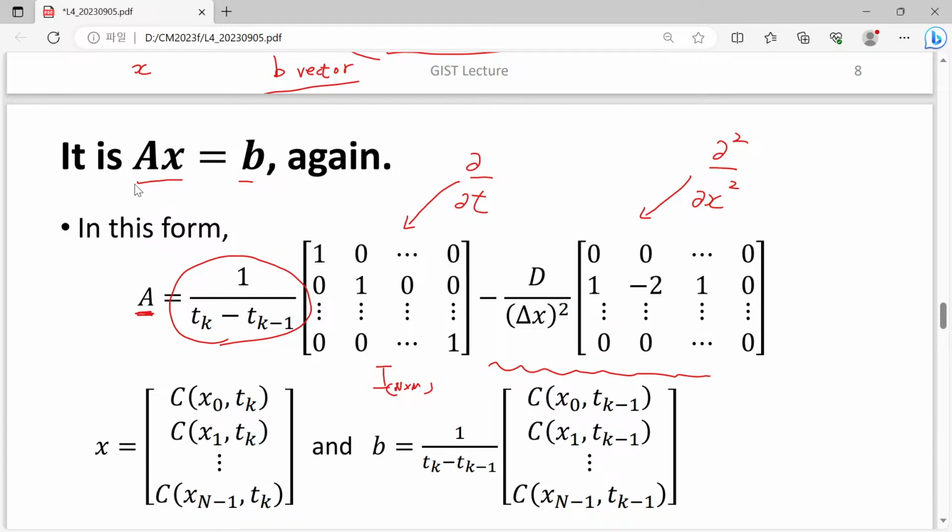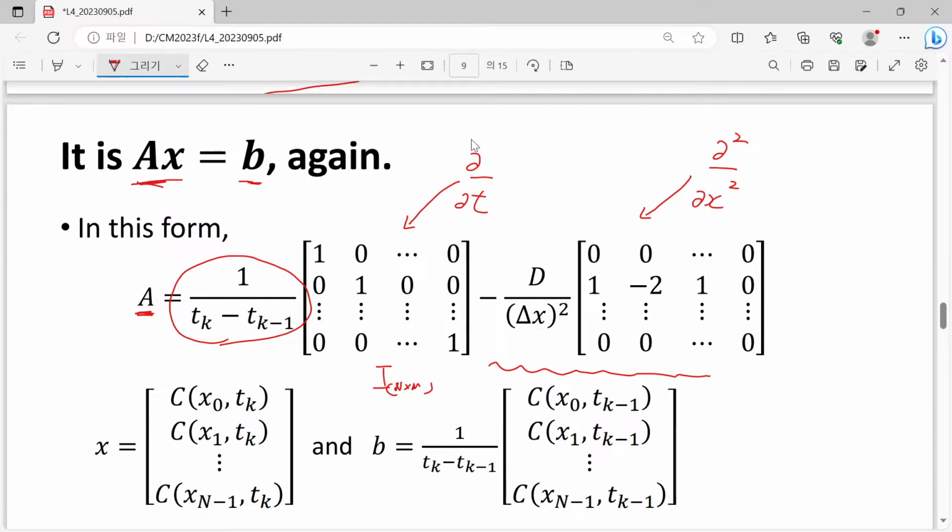So now we have the AX equal to B form. Then by multiplying the inverse of A, you can calculate X. What is X? X is just the dopant profile at the present time instance.